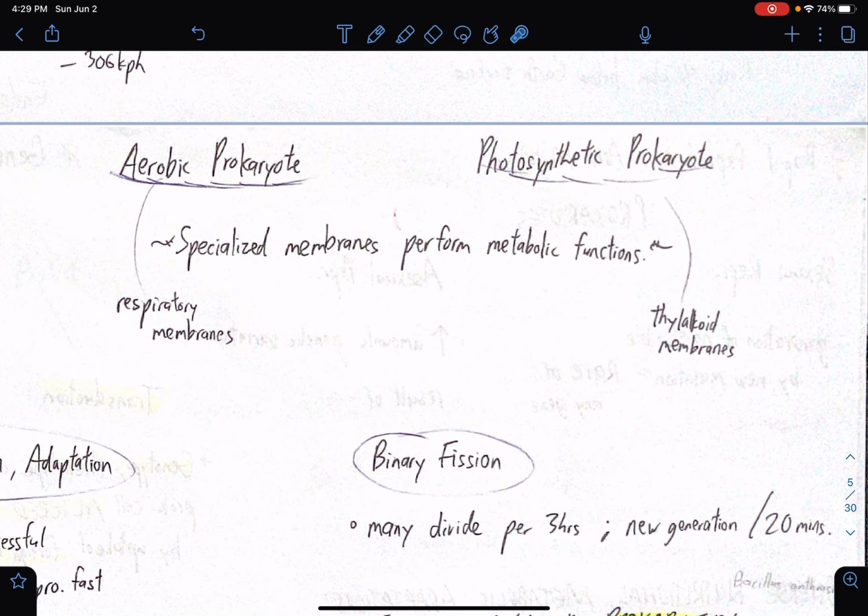Aerobic and photosynthetic prokaryote. So what's the difference? Well, these prokaryotes have specialized membranes that perform metabolic functions.